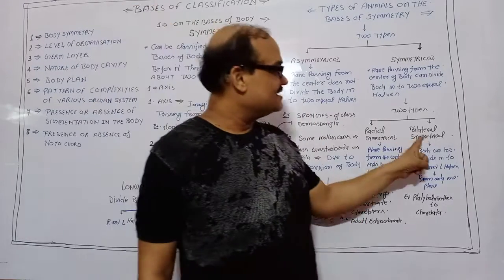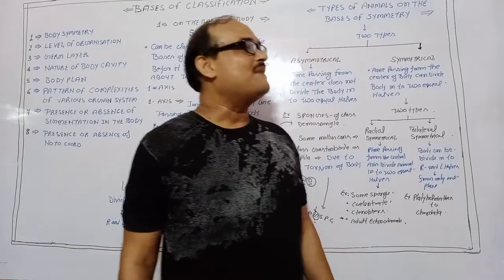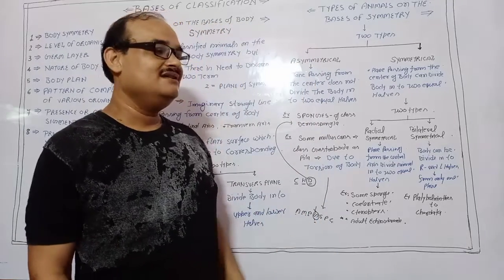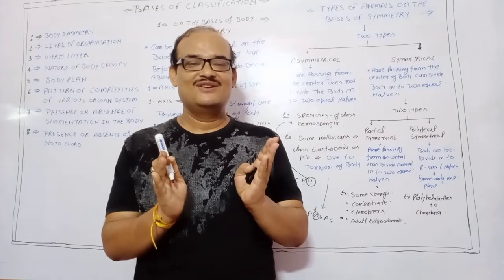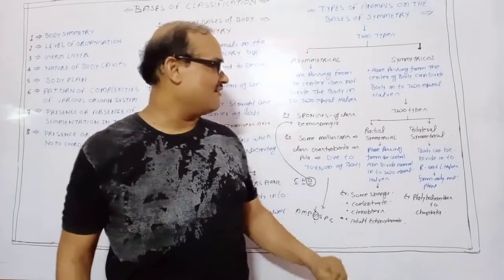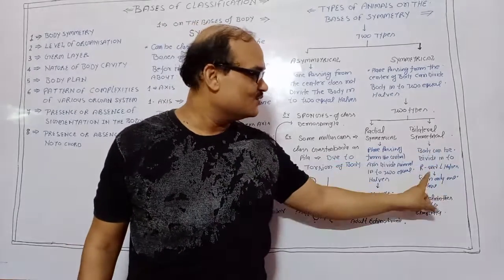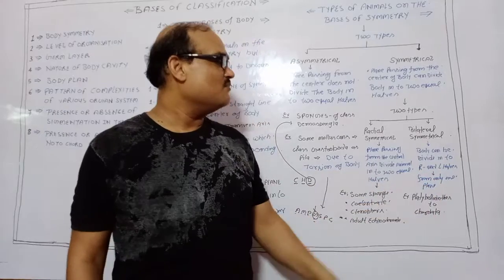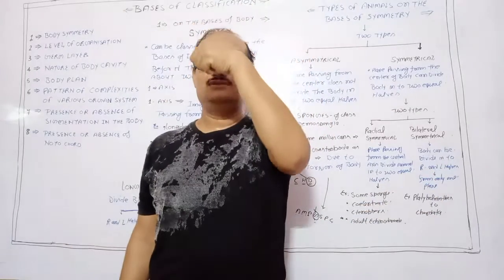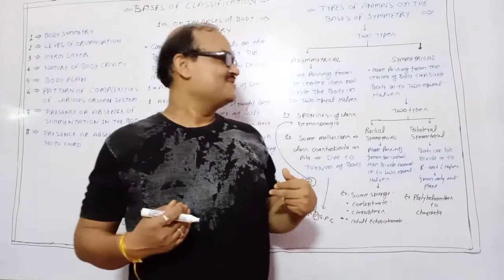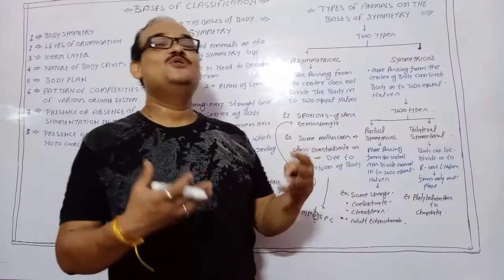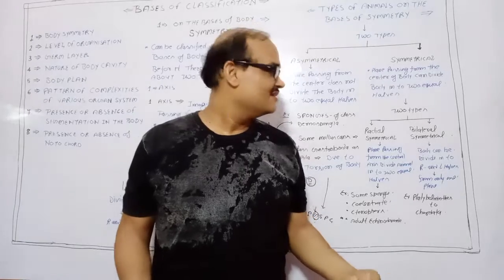Now bilateral symmetrical. In bilateral symmetry, the body can be divided into two equal halves, right and left, from only one plane. Most animals, even your body, are bilateral symmetrical.